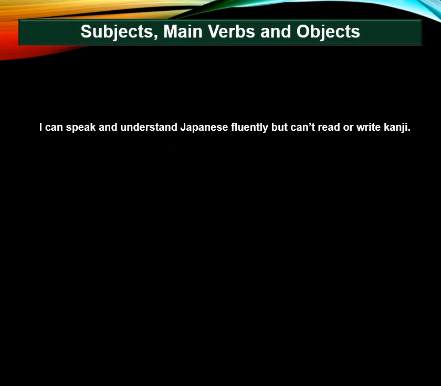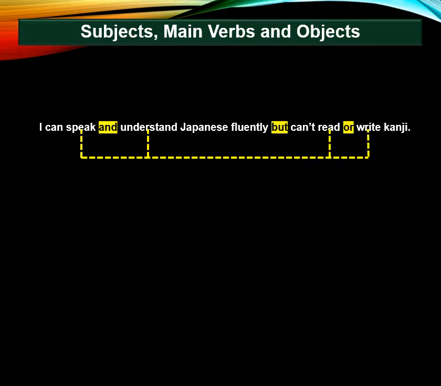So this can get crazy, all right? Follow along if you can. So speak and understand, but read or write. These 4 verbs are all connected: and, but, or. Then you've got can connected to both speak and understand.